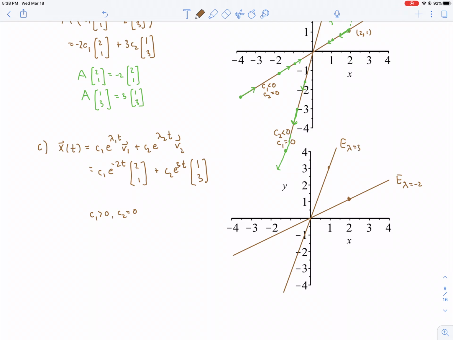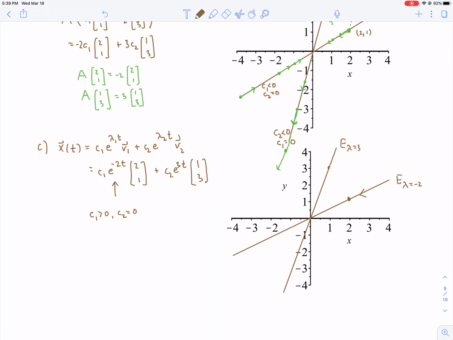Okay, so if c1 is positive and c2 is 0, then my solutions are just traveling from the positive part of the -2 eigenspace towards the origin because of the e to the -2t term, which sends the solution to 0. The second part's not there because c2 is 0.